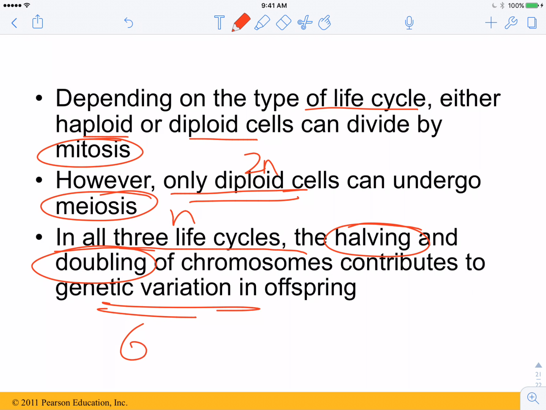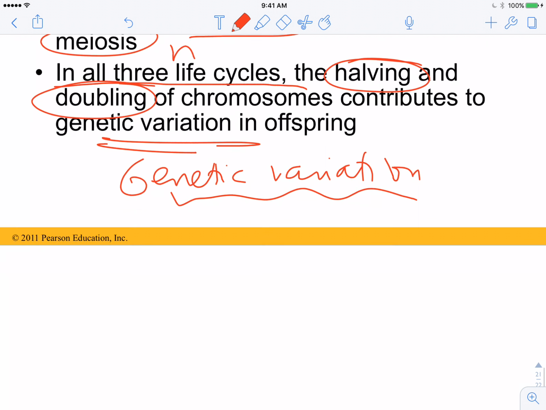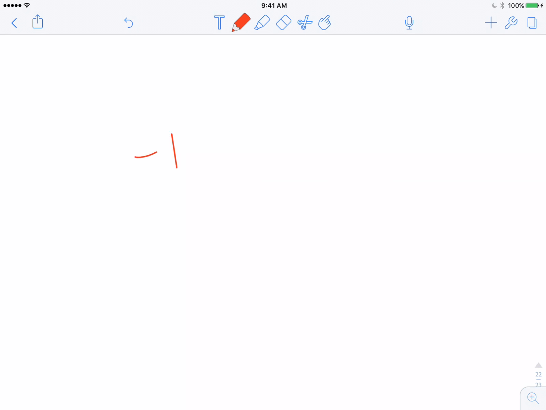And again, that's going to be your new favorite phrase, genetic variation, because that's what meiosis is all about. So that's it for sexual life cycles. And next, we're going to get into how meiosis actually works, how it reduces the sets of chromosomes.